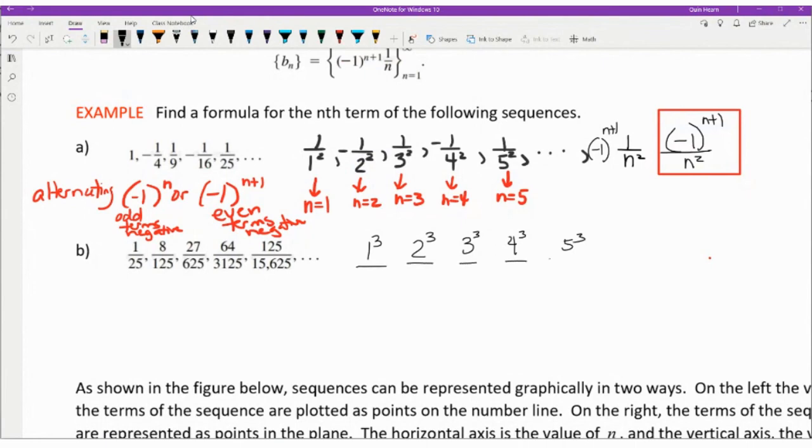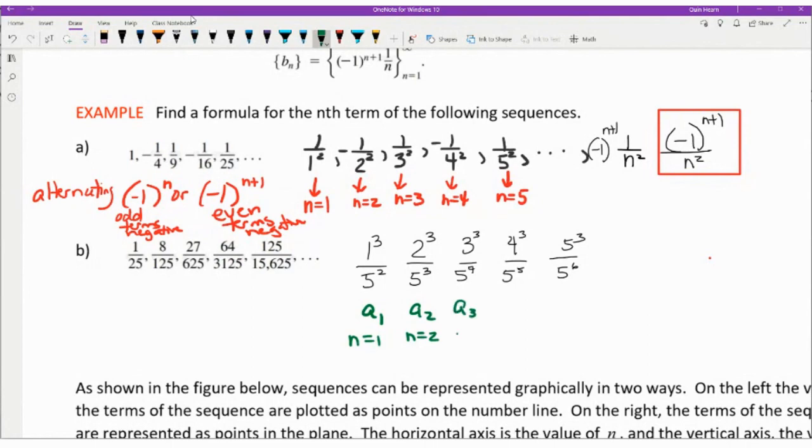And then in the denominators, we have 5 squared, 5 cubed, 5 to the 4th, 5 to the 5th, and 5 to the 6th. Now what you want to do is think about, this is supposed to be your term A1, so your n value is 1 here. This is A2, your n value is 2.